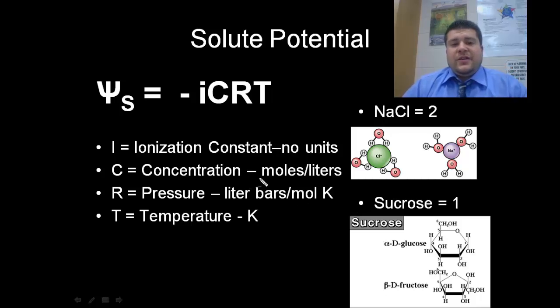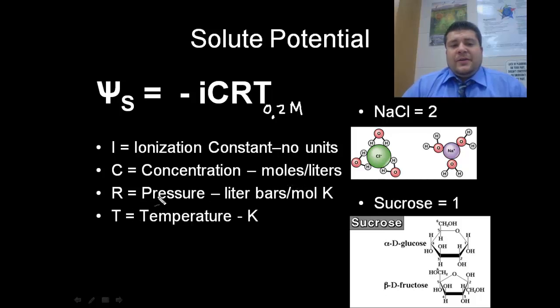Now the concentration is going to be in moles per liter, which if you take chemistry means that it's in molarity. And so usually we have some concentration of like 0.2 molar, and that's a capital M, not moles like down here. Okay?